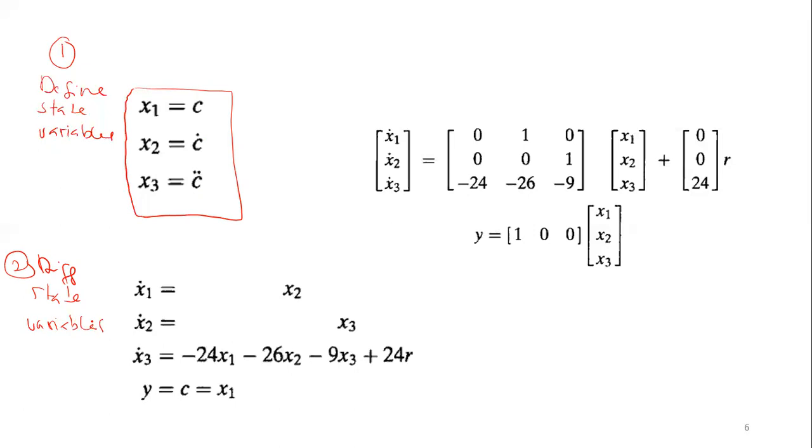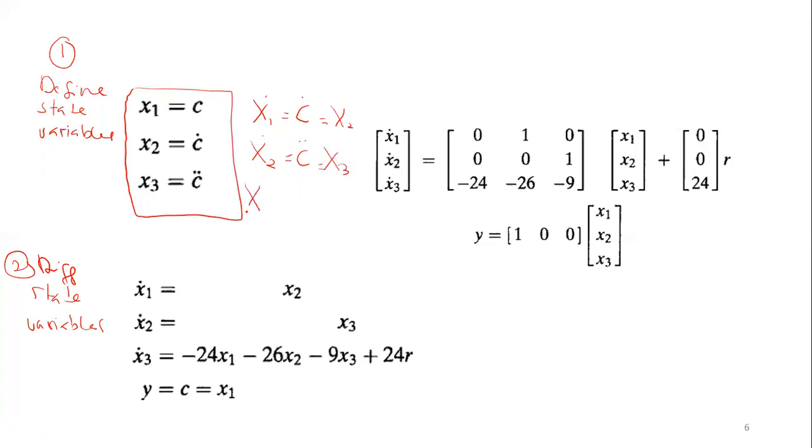So in this case, when you differentiate x1 dot, you will get C dot. When you look at x2, when you differentiate x2 dot, you actually get C double dot. When you look at the state variables, it is x3.